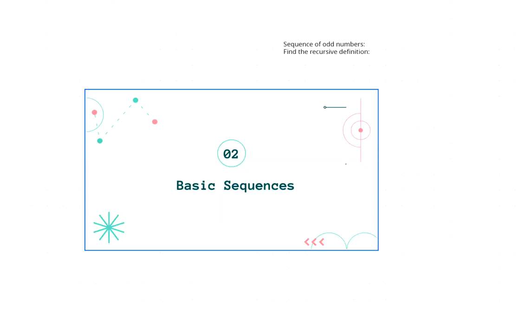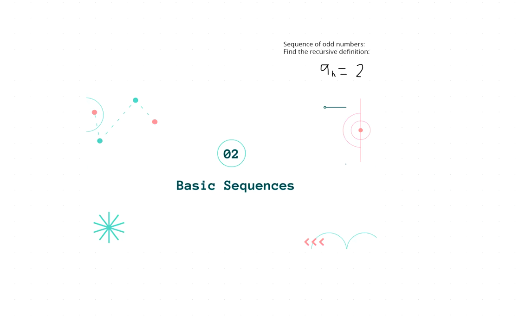The general form of the nth term is going to be 2n minus 1, right? Because before that, we have already established, based on the sequence, in an earlier slide, that the first term equals 1, so we need to have 2n minus 1 here.